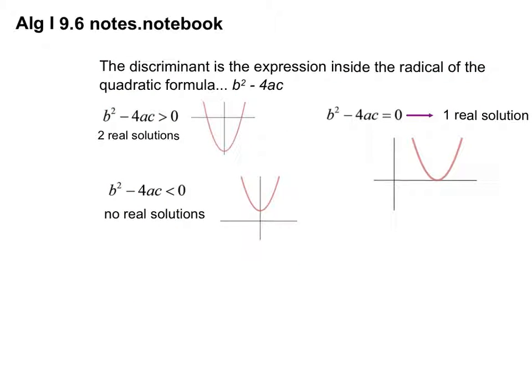So folks, as we study the quadratic formula, you might be getting to this point and think that this is a little bit tedious, and it is. There's several steps involved in solving an equation using the quadratic formula, but this part's a little bit easier. We're going to take a look at the discriminant to determine how many solutions could potentially occur.